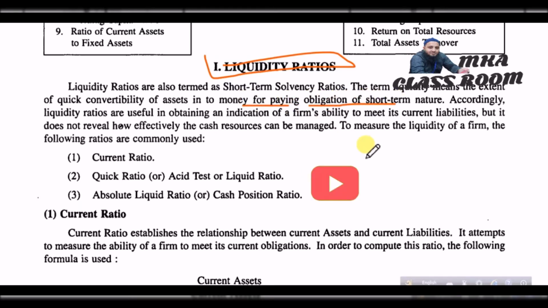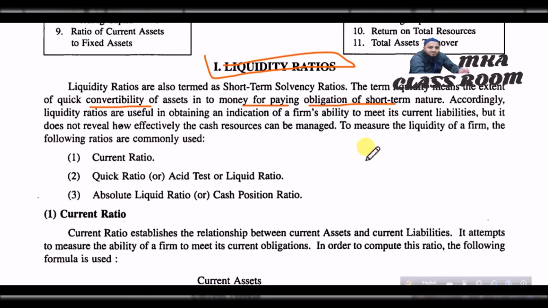So here liquidity ratios, that is the short-term solvency ratio, has the convertibility power of assets into cash or money. Why? To pay short-term obligations of short-term nature.